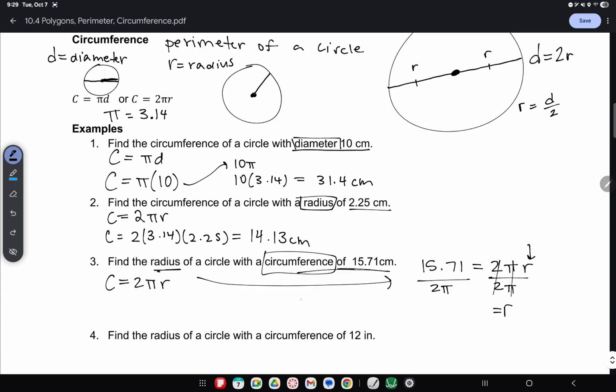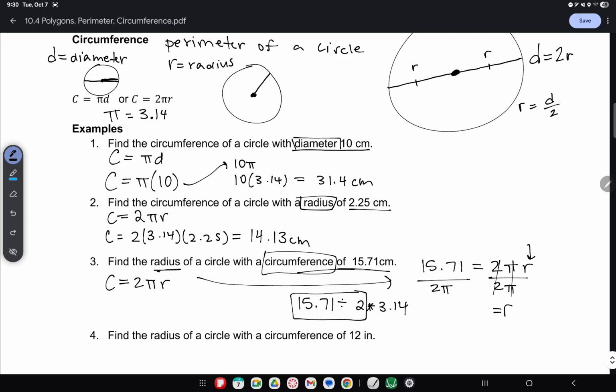And what we want to type in to make sure the math works out is 15.71 divided by, and then throw parentheses in, because we want that 15.71 to be divided by the 2 times 3.14. If you did not put parentheses around it, then your calculator does this.